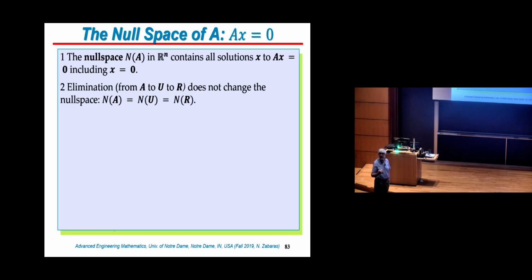Because if you change the rows, the x's that give you Ax equal to 0 will also give you Ux equal to 0 and Rx equal to 0.